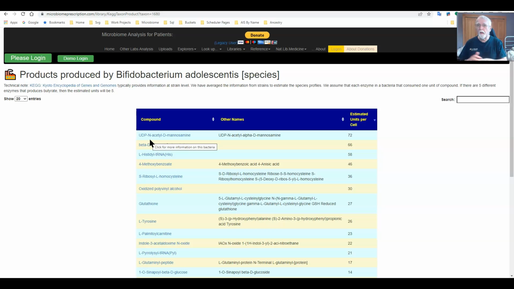So the old way, I just said, did it produce any compound? 0 or 1. Now I'm actually counting how many different enzyme producers, in the belief that it is going to be a good estimate for how much this particular bacteria produces of this particular compound.